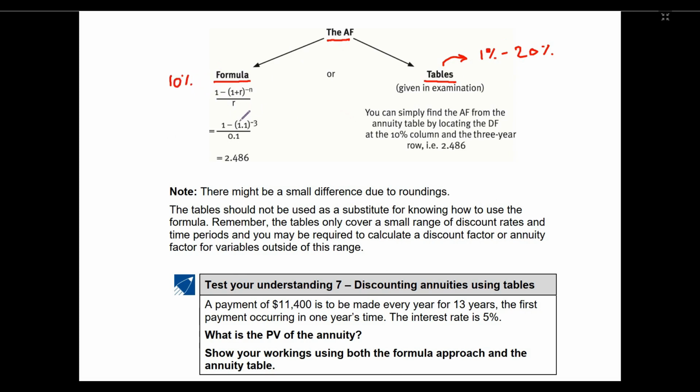First of all we solve this part of the equation, then we deduct it from 1, and then we divide it by r, and that's how we get our final answer. So it's our annuity factor in this example. Anyhow, there can be a small difference in the answer because of rounding off, so don't worry about it.